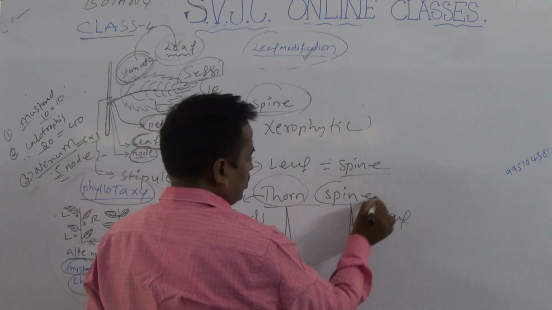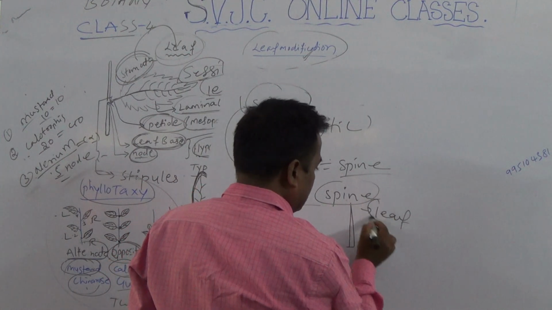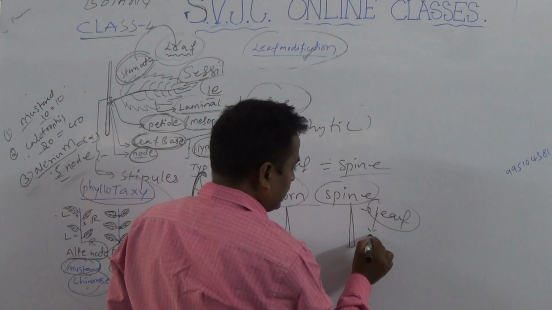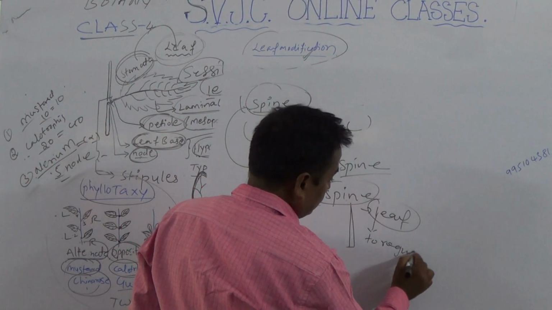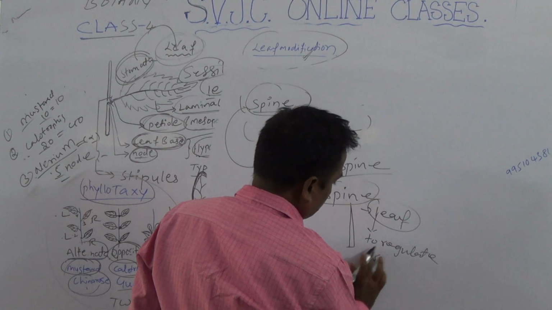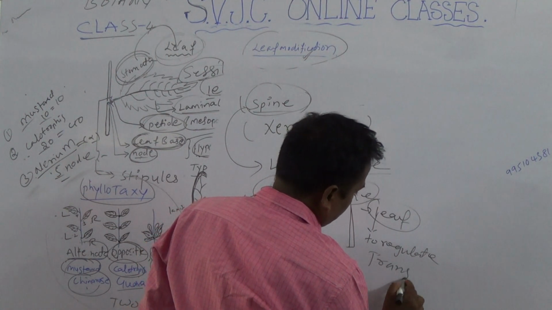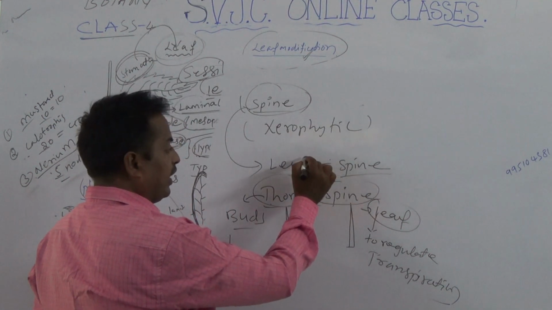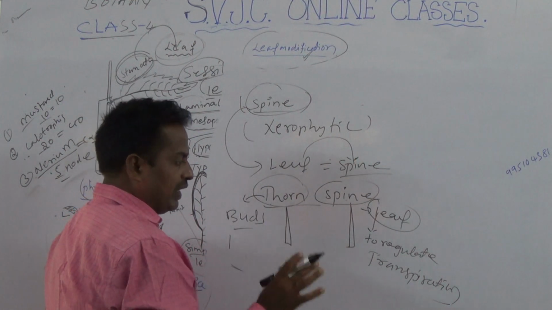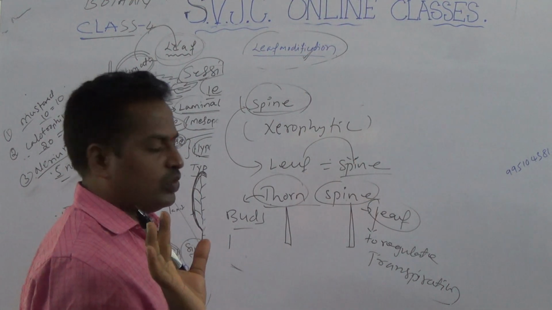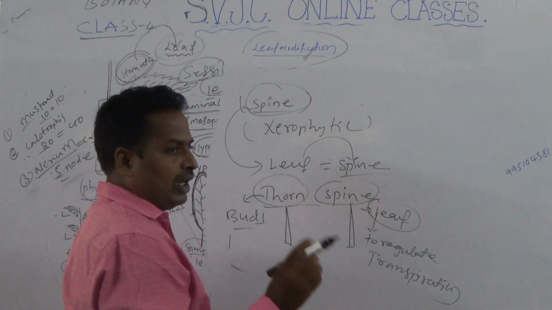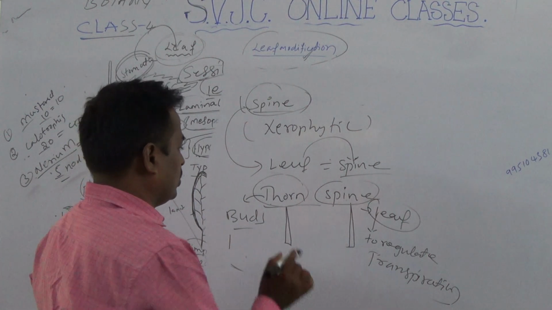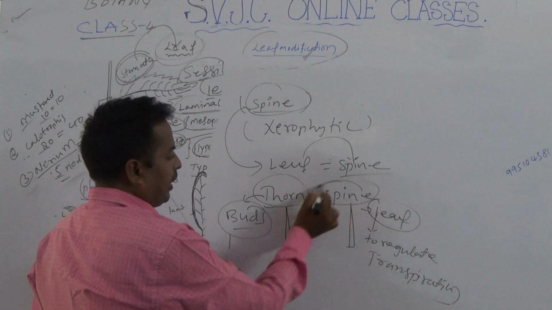But what is the function of the spine? It can protect the plant from grazing animals as well as regulate the transpiration process, meaning it reduces water loss. The leaf is modified into a spine. For which purpose? To prevent loss of water. In spine formation the plant has no leaves, so water loss is reduced. So a thorn is the product of a bud and a spine is the product of a leaf.